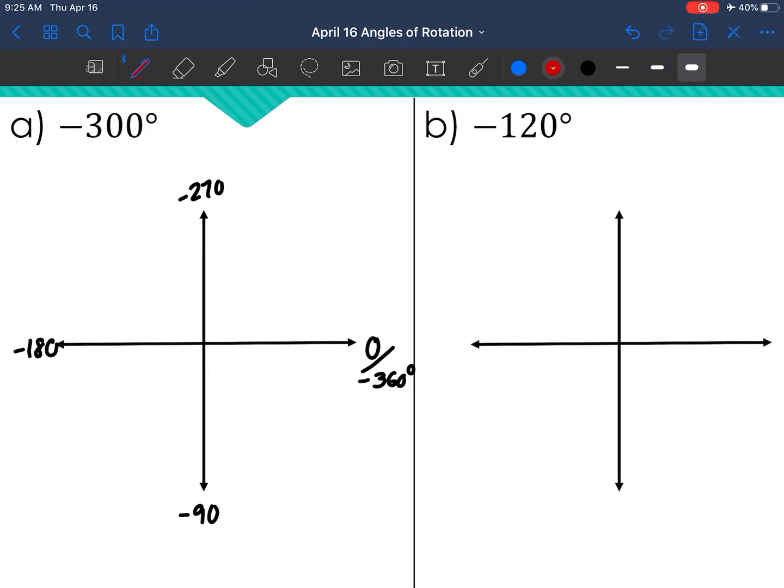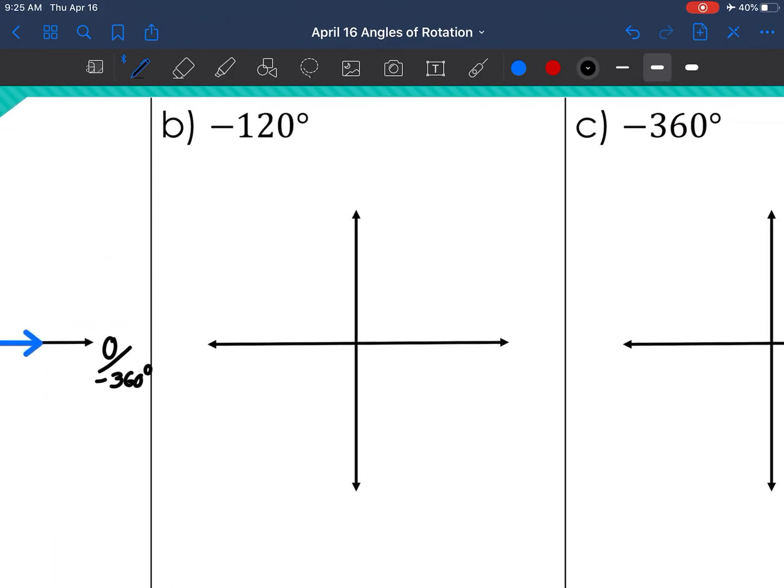So I'm going to draw the angle. Again, we started right here, rotated, and negative 300 degrees is going to be closest to the negative 270. So that's what it looks like there. So we started here, rotated counterclockwise, or sorry, clockwise to get to there.